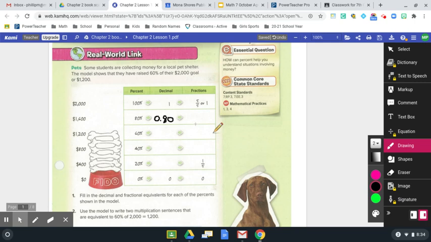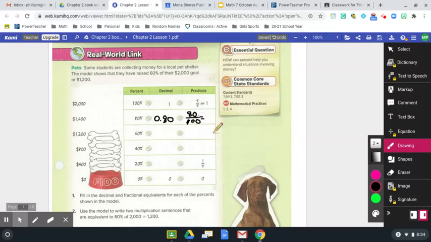As a fraction, how does that look? All of your percentages are out of 100, right? So I'm going to start with that initial fraction, 80 out of 100. You know that you can simplify that fraction.